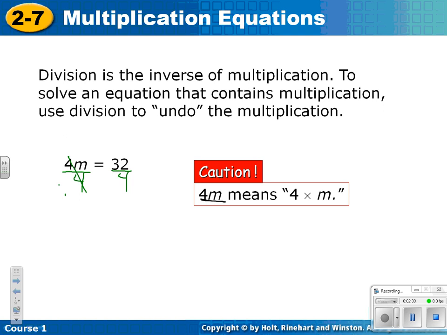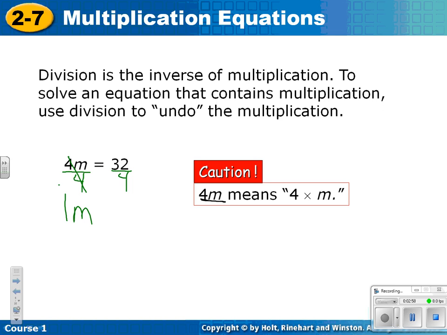So essentially, I end up with a 1m. What is 1m? What is any number multiplied by 1? It's going to be the number. Whatever you're multiplying by 1, it's going to stay the same.